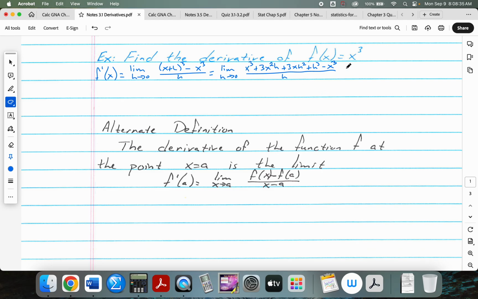We can subtract the positive x cubed and the negative x cubed, and I'm going to go ahead and also factor out the h in the numerator that's left. So that's going to be the limit as h goes to 0 of h times 3x squared plus 3xh plus h squared all over h.